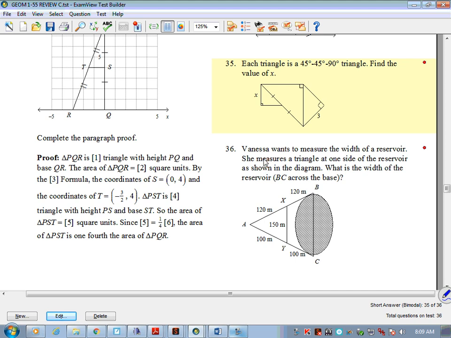At the very least, what I need to see on this question is I need you to show me how you found the area of those. Particularly, triangle PQR is going to be fairly easy because you can count your base, you can count the height, you can do the 3 times 8 divided by 2. But on TS, you're going to need to show that you're using that x coordinate of T for your base.